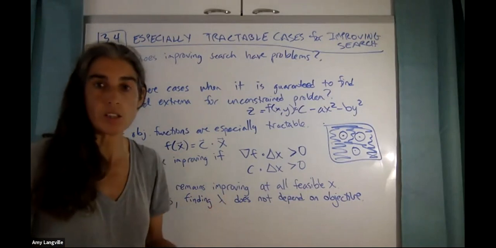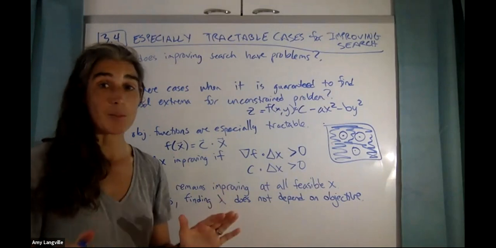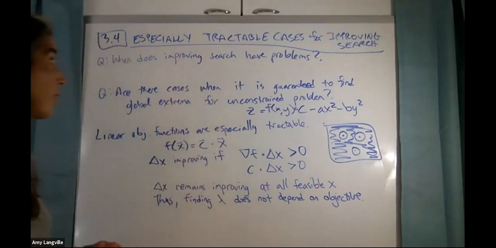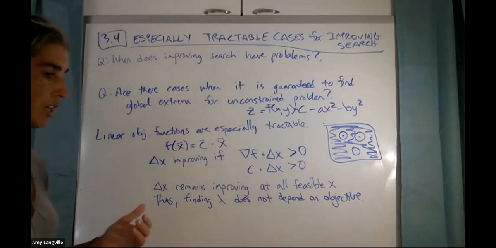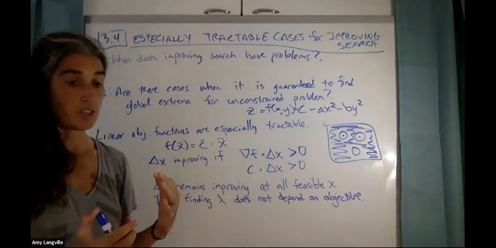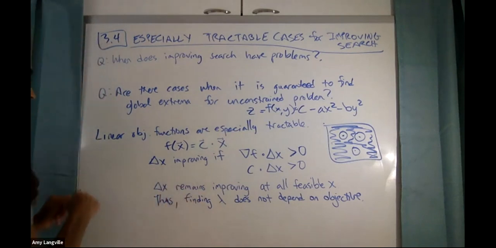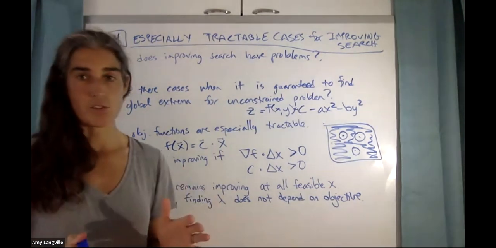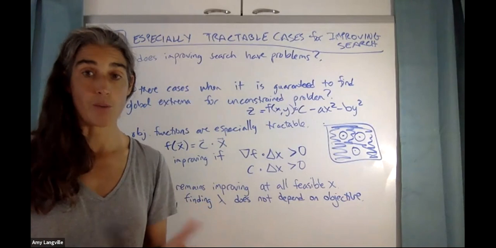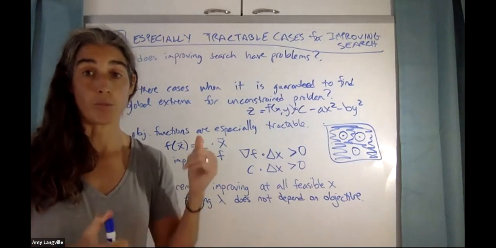It'll get you something good, but there are no guarantees except in special cases, and that's what we're going to talk about here. There are special cases related to the objective function: when the objective function is unimodal, or a linear objective function, it is especially tractable. And then we're going to talk about the constraints. When the constraints have certain properties, those combine to make a very tractable problem for improving search.